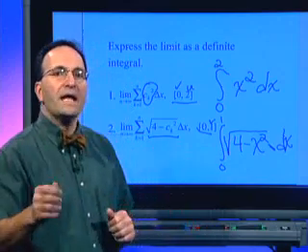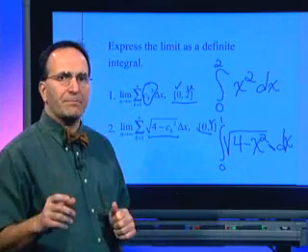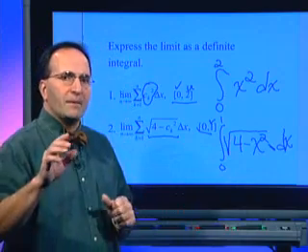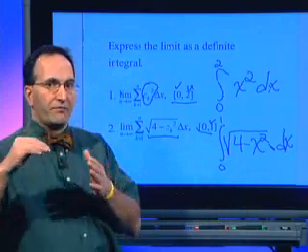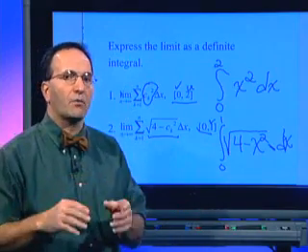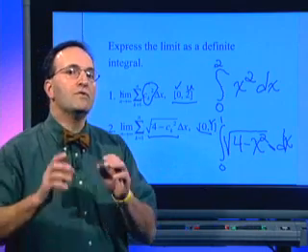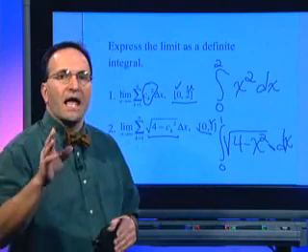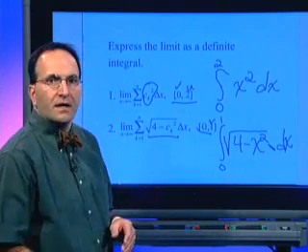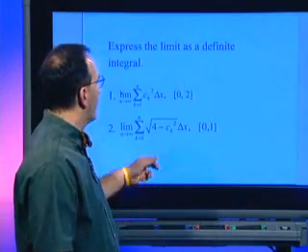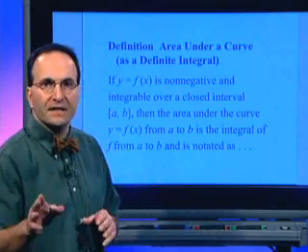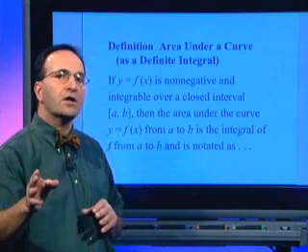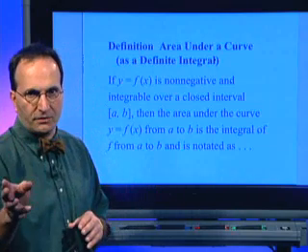All right, we have some examples to do, and we've been approximating the area between a function and the x-axis so far with finite sums. Well, now we can do the same with infinite sums and use the integral. Let's take a look at the definition for the area under a curve as a definite integral.